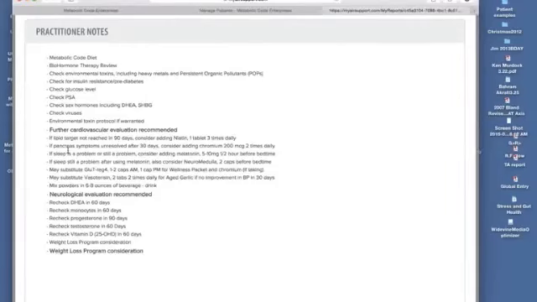Think about checking on viruses, or an immune panel, so looking for chronic infections or bugs. You look at further cardiovascular evaluation. As lipid targets aren't reached, consider something like a niacin product, or you could consider bergamot, right? It'll kick those things out for you, but it gives you this suggestion page so you kind of know where to look the next time they come in.